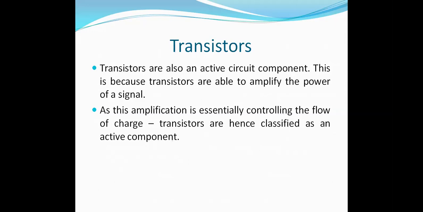So the transistor is considered an active element because transistors are able to amplify the power of the signal. That's why they come under the active elements, and they are essentially controlling the flow of the charge. So that's why they come under the active components.